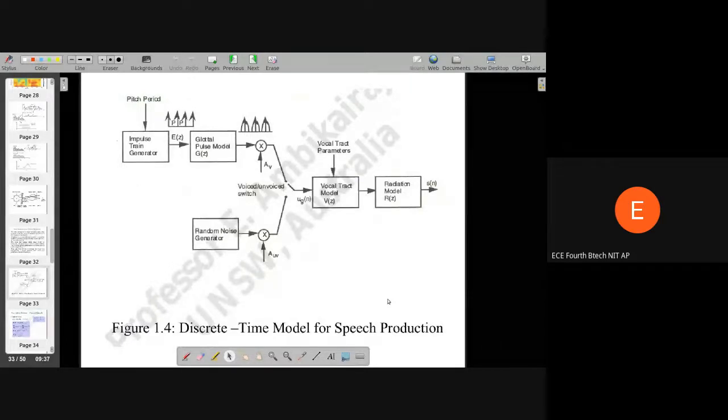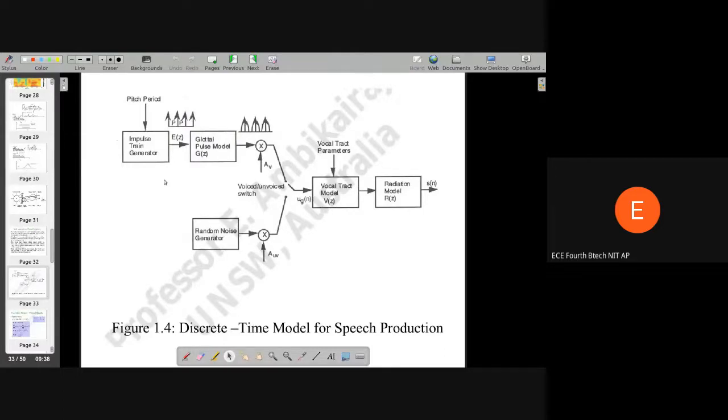basically this. If we are generating a voiced speech signal, we have a train of impulses which is representative of the periodic vibration of the vocal folds. Now, if we remember our EGG signal, it is like a window kind of, and it's like a puff of air.